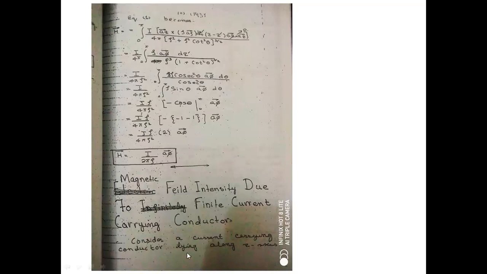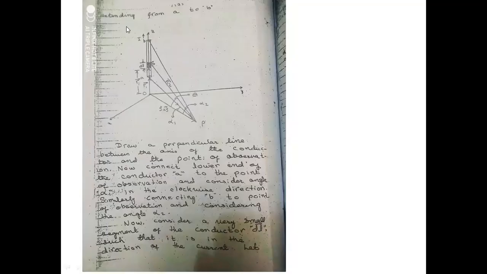Consider a current carrying conductor lying along the z-axis extending from A to B. Draw a perpendicular line between the axis of the conductor and the point of observation. So this is the perpendicular line, which means this is 90 degrees.